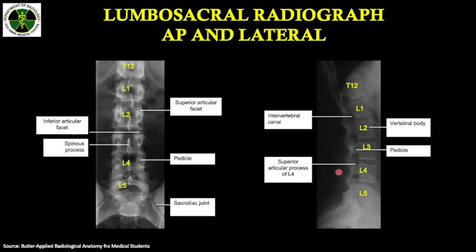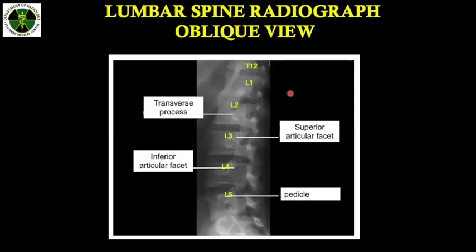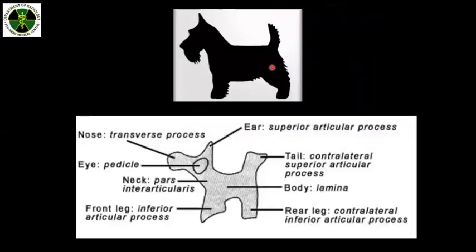Compare what the superior articular process, the pedicle, and the intervertebral canals look like in a lateral view to the oblique view. So this is how the oblique view appears. To show you the parts, it's usually compared to a Scottish Terrier.